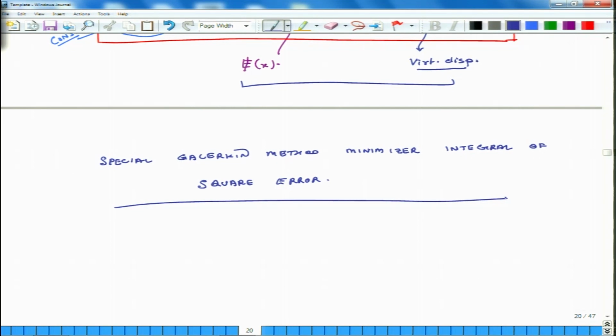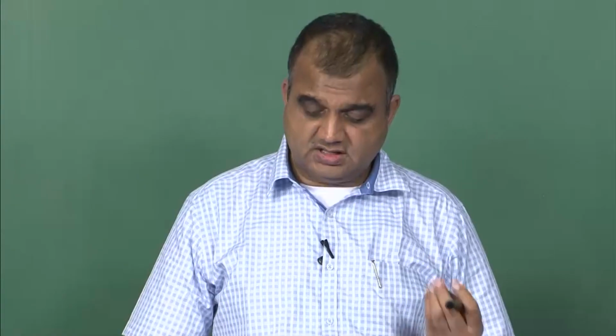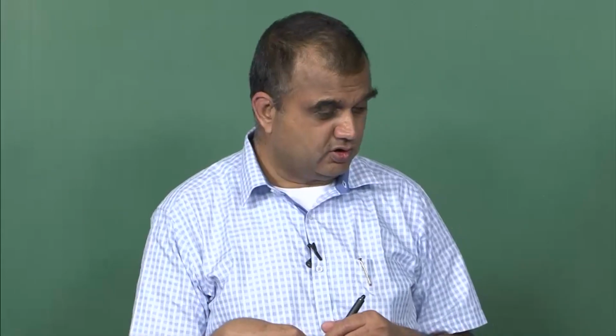If we are trying to solve the problem by using the special Galerkin method, essentially another way of looking at it is that we are trying to minimize the square error integral. So that is what I wanted to talk about.